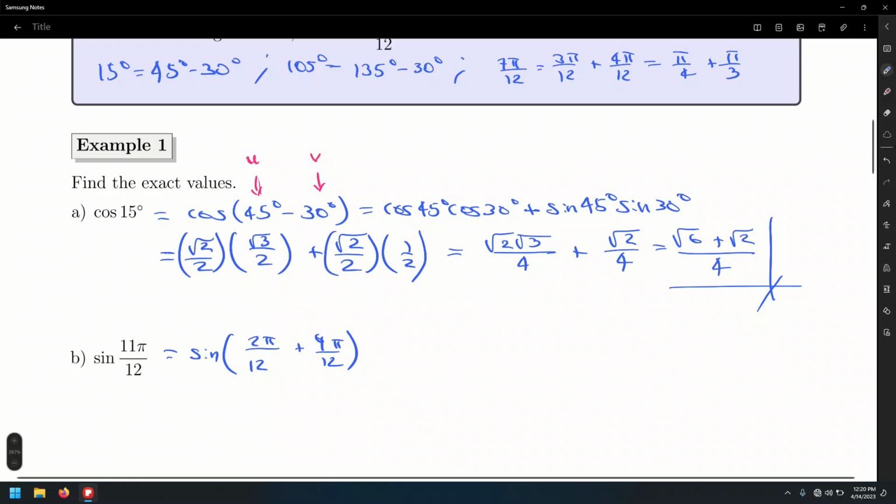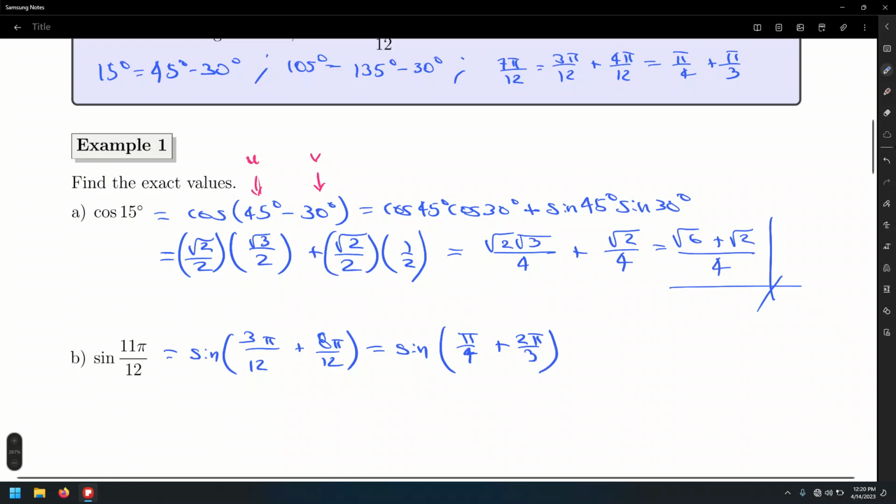How about instead of 2 plus 9, how about 3 plus 8? That also works. 3 pi over 12, that's pi over 4, plus 8 pi over 12, that's 2 pi over 3, right? And that's much better than the other version. If you do the other version, it's okay, it's fine.